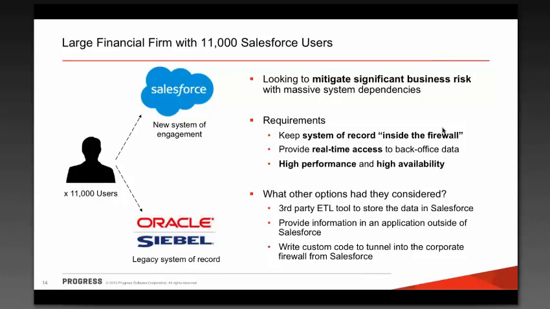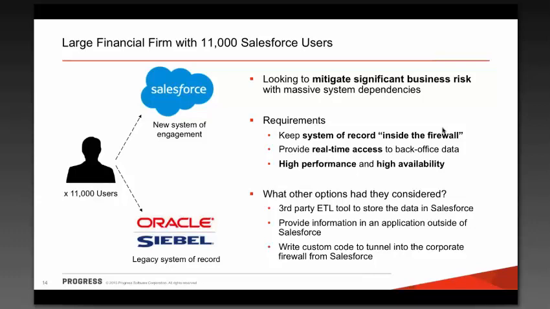Some of the specific requirements that they had first were to keep their system of record inside the firewall, meaning that they didn't want to expose some of this critical data out in any kind of cloud system. It needed to be accessible there, but not stored there. The second was providing real-time access, and as Jason mentioned, one of the challenges with some of the traditional ETL approaches are that the moment you move data from one location to another, it's out of date.